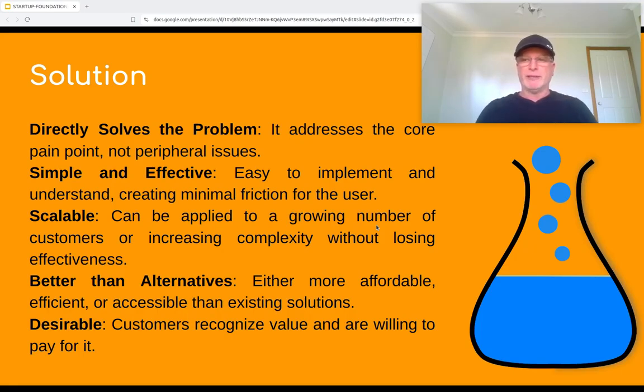If you're finding just another solution, like if you want to solve the problem of darkness and you're inventing a torch, I'm not sure about that. But if you invented a torch that can be remote controlled from the web, maybe it is something unique. And it needs to be desirable, something that customers, not me, not you, customers will identify the value.